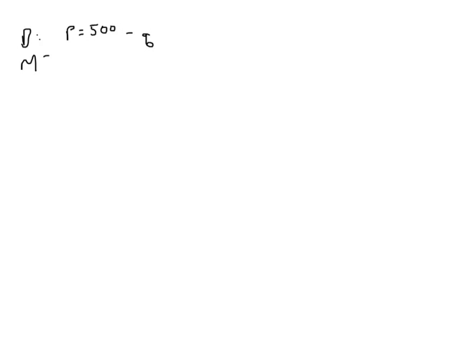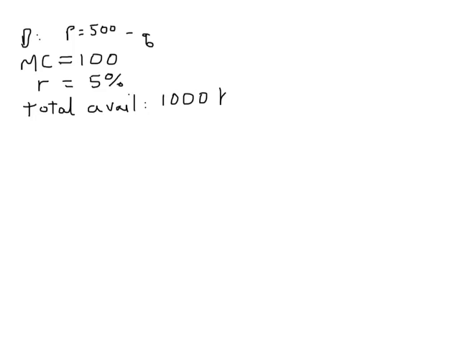Marginal cost is constant at 100 in period 1 and in period 2. The discount rate for getting period 2 values into period 1 present values is 5%. And the total resource available is 1,000 kilos. That's going to be a pretty important part of our solution.